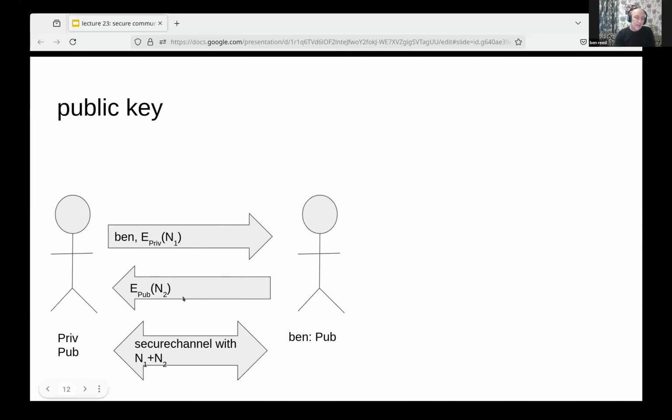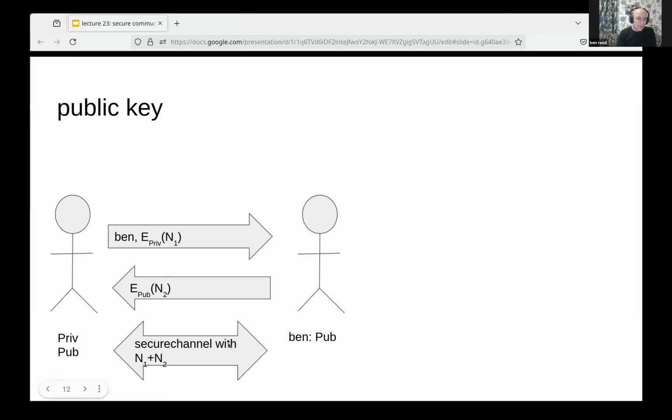Then the server can generate an N2 and send it back to Ben. Now, when I get N2, no one else can read this message. No one else can see N2, but I can, because I have the private key that corresponds to this public key, and I can decrypt it.